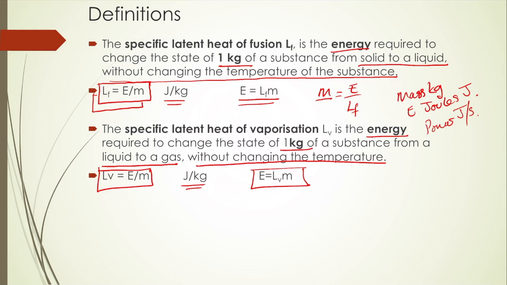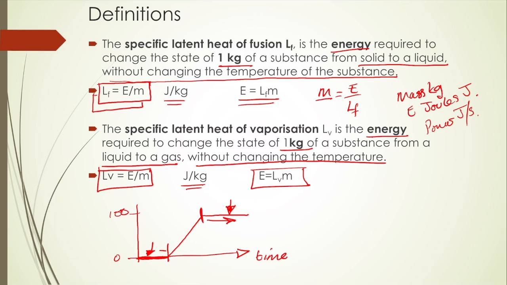Now, you may have seen a curve for heating of water, which starts at 0, ends at 100, and it's solid being heated. This is time on the bottom axis. And it's being heated by a constant amount all the time, and then it gets to 100, and then it stays at 100. The change of state is occurring here, where the energy goes into changing the state, and again, changing state here from this point onwards.